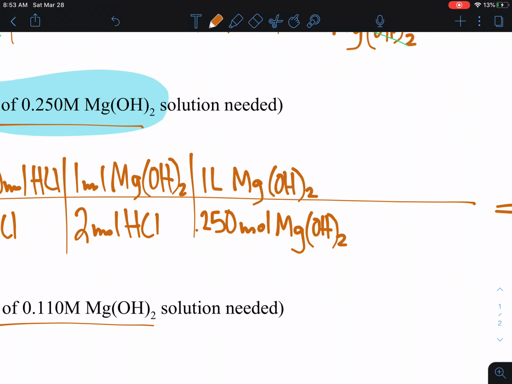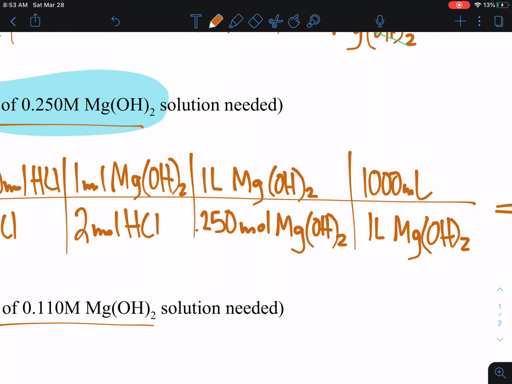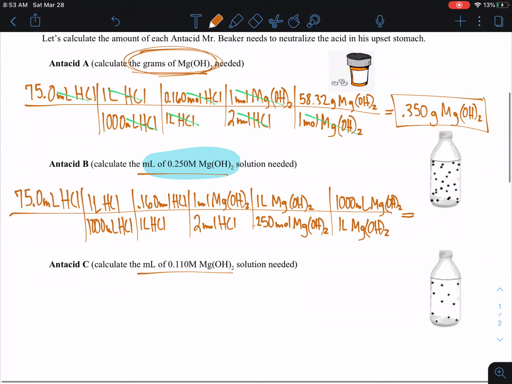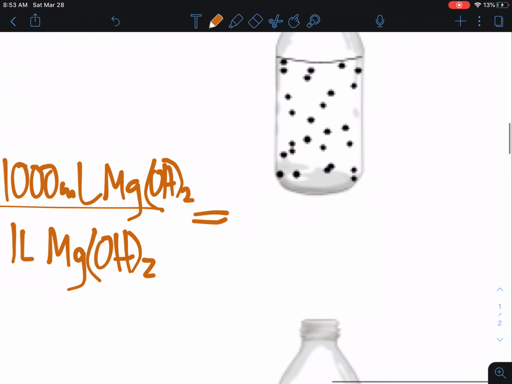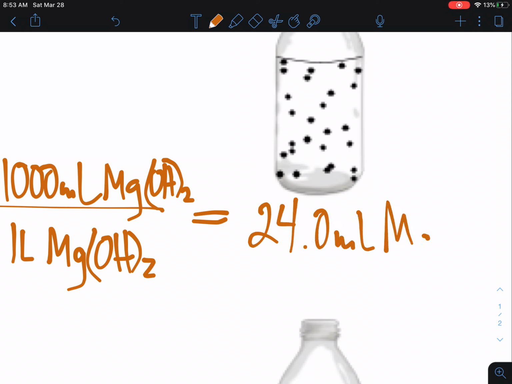of magnesium hydroxide. And then finally, to convert to milliliters, we'll say that for every 1 liter of magnesium hydroxide, we have 1,000 milliliters of magnesium hydroxide. So when we calculate this out, we will get 24 milliliters of magnesium hydroxide.